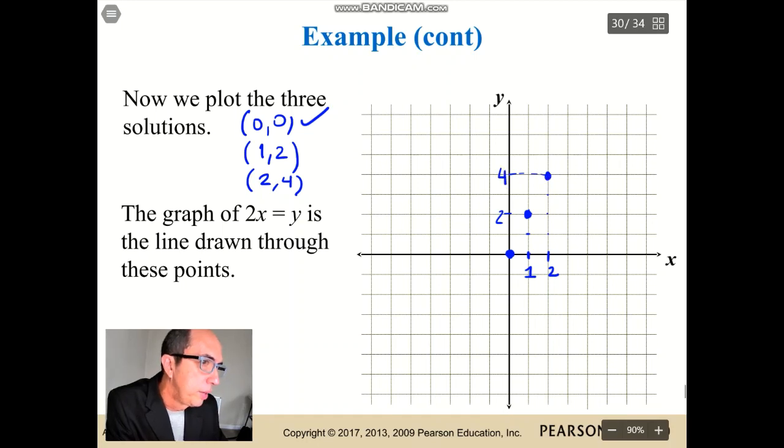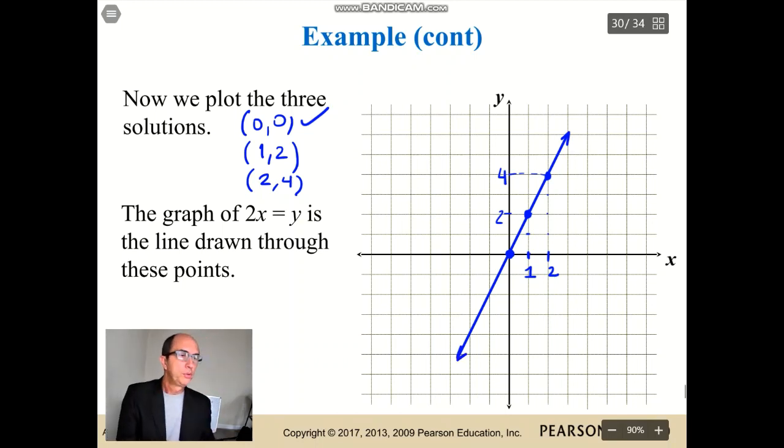And the 3 ordered pairs are perfectly aligned. Get the ruler, and now you can connect your ordered pairs and represent your linear equation. Now, you having the 3 points, you can graph your linear equation.